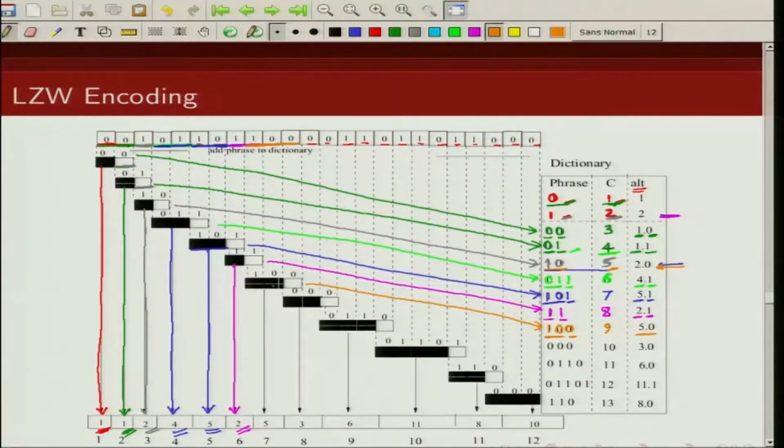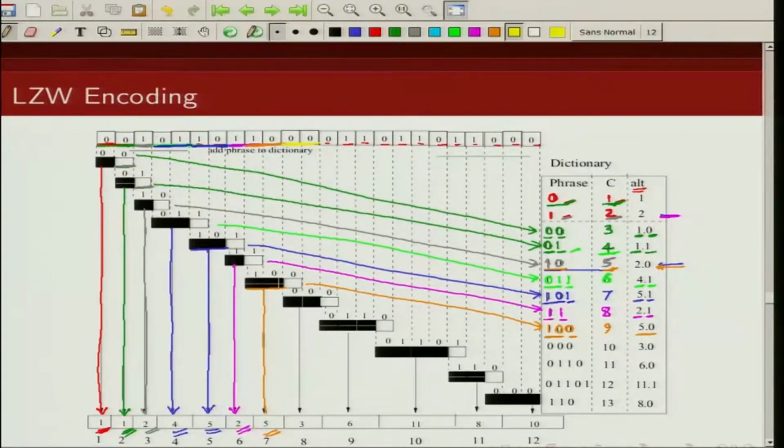So now that we have put 1 0 0 in the dictionary, we are going to encode 1 0, and 1 0 corresponds to code word 5. So that's why I have 5 here. Okay. Next, I start with this 0. Now this 0 is already there in the dictionary. 0 0, is 0 0 in the dictionary?